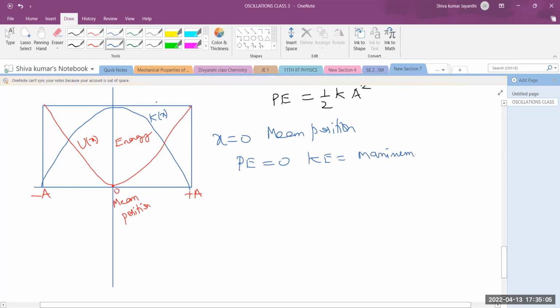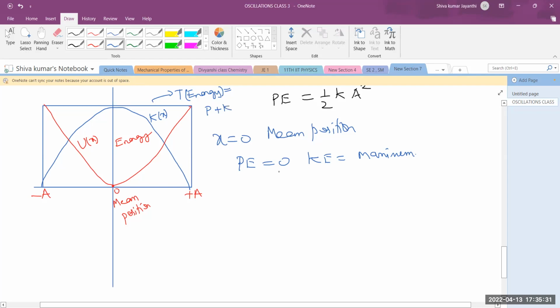This graph, if you understand, you understood everything. Is it simple? This line represents the total energy, which is equal to potential energy plus kinetic energy.